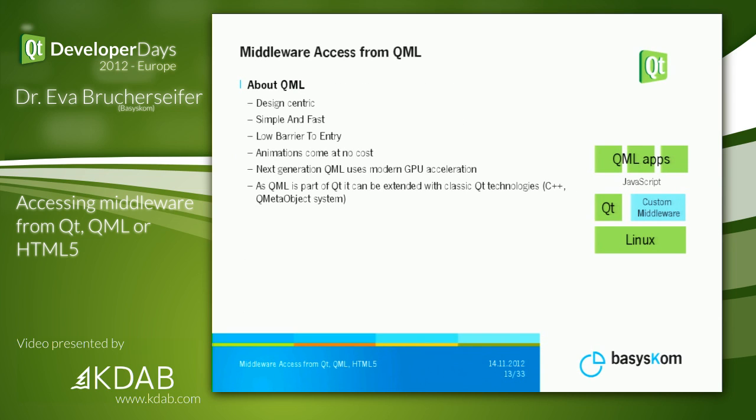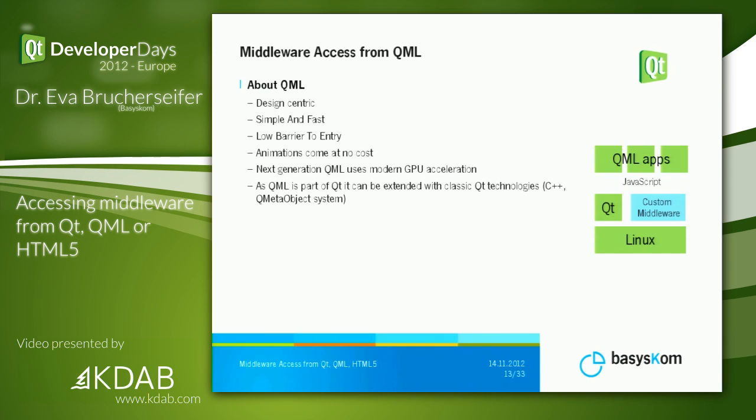So let's go straight to QML, so that I can explain to you the middleware connection from QML. QML is in some parts the opposite. It's very design centric. It's simple and simple to learn.